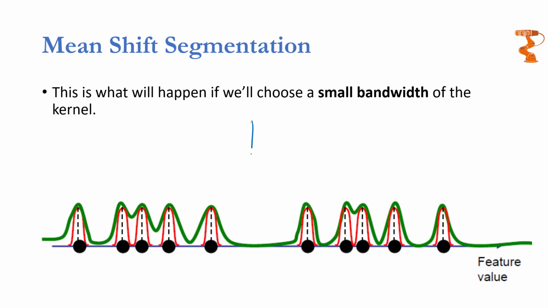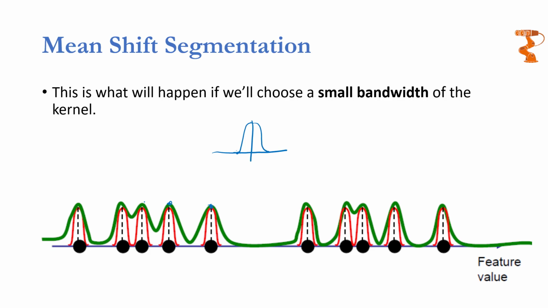For example, I might have chosen this kernel function. When I apply this kernel function onto these points, I'm going to get these peaks, and when I sum them up, I'm going to get this green curve. Now you can see that there are multiple peaks present. That is, for every point there is a peak.